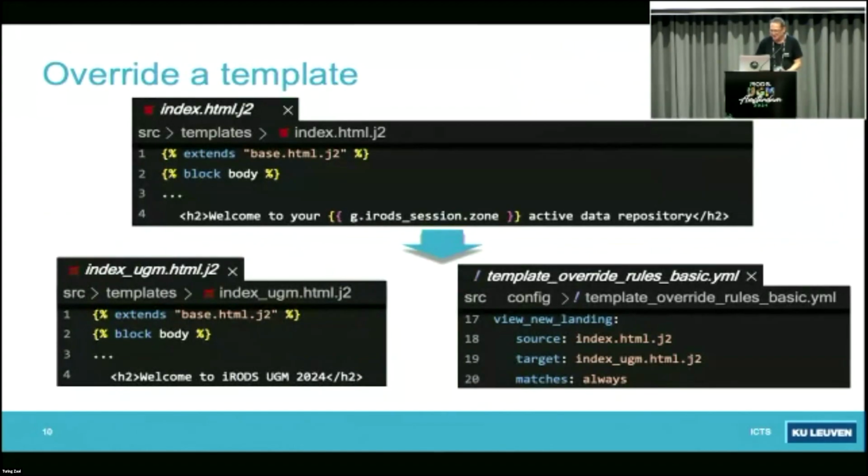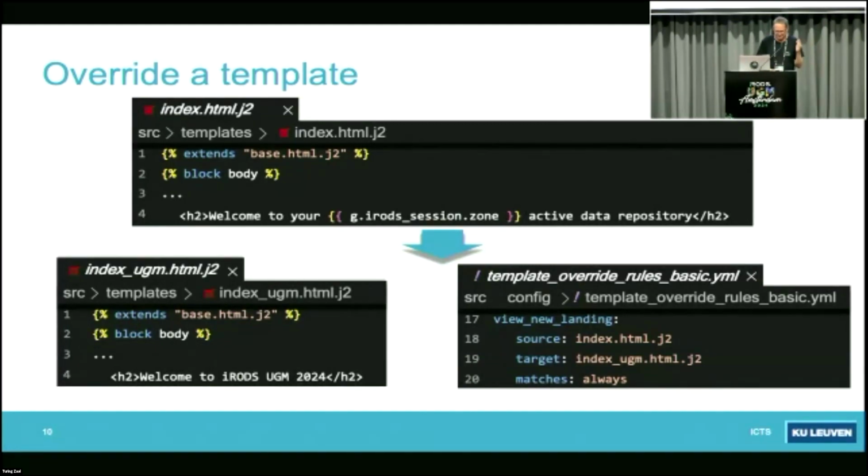At the top, you see what you currently have out of the box, the index.html.j2, that's the Jinja template. And you can create your own, which is almost the same, but with a new picture and another text. Then the most important part is the configuration here behind me. That is where you say, okay, there is a template that will be used.